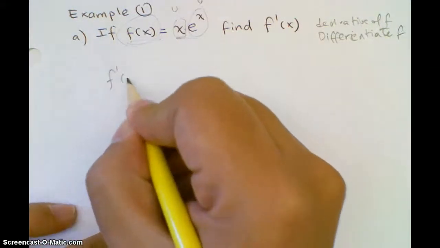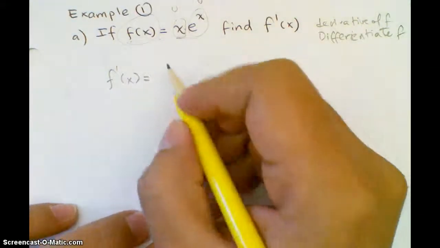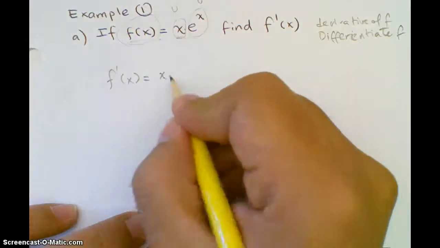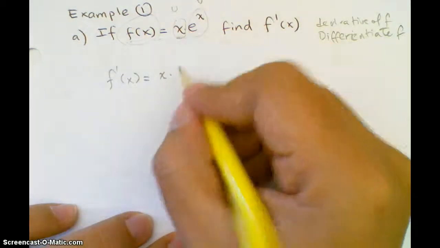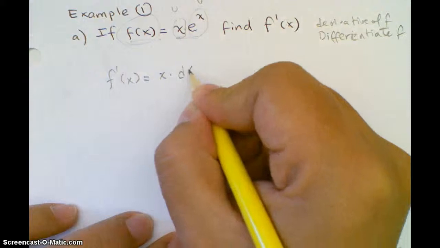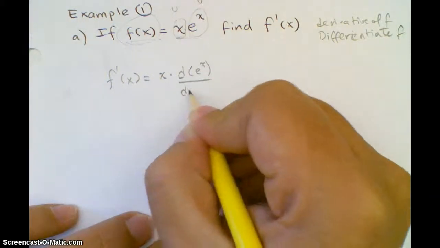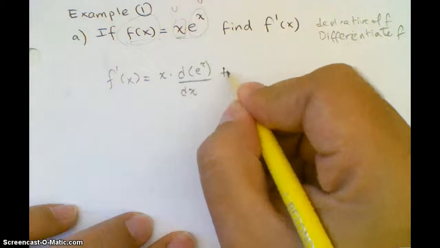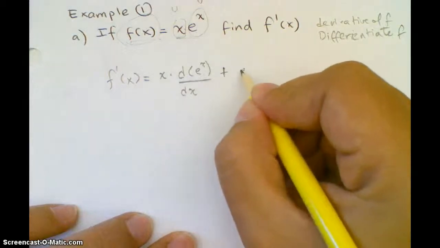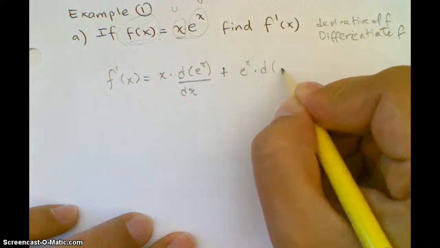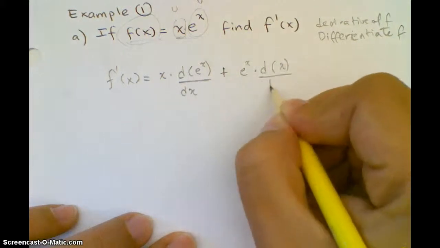Okay, so let's apply the rule. f prime of x will be the first function, which is x, times the derivative of the second function with respect to x, plus the second function, which is e to the x, multiplied by the derivative of the first function with respect to x.